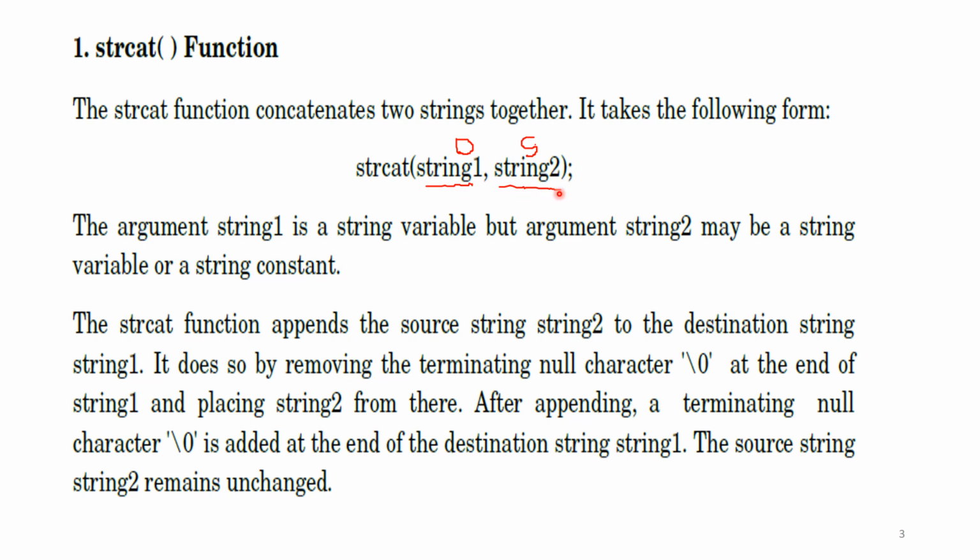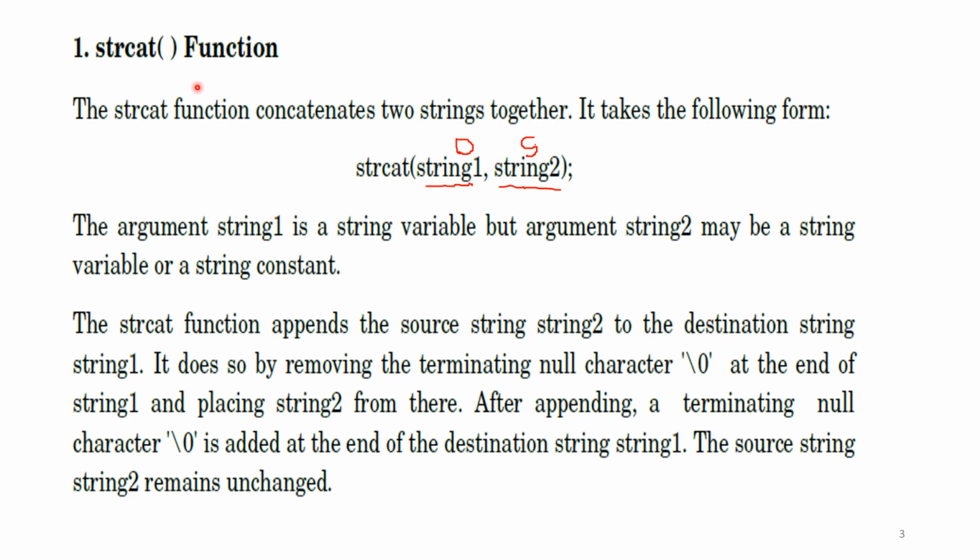After appending string 2, the null character is added at the end of string 1. But the source string remains unchanged after the execution of the STRCAT function. The result will be in string 1, that is the destination string.